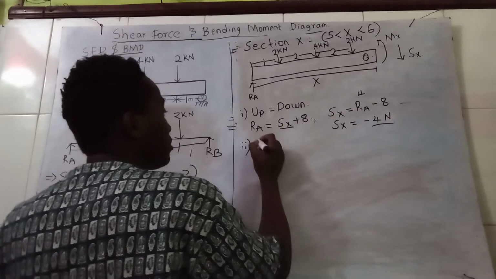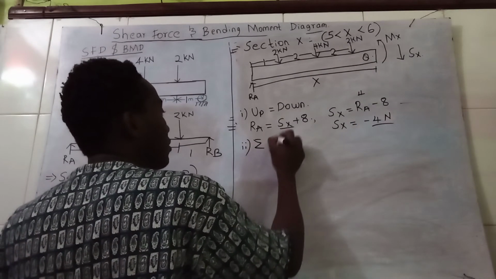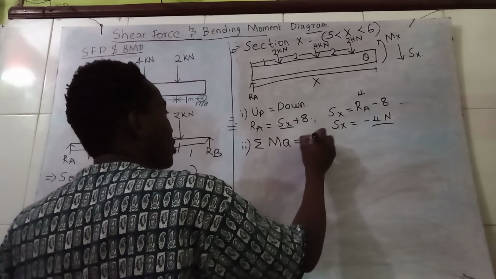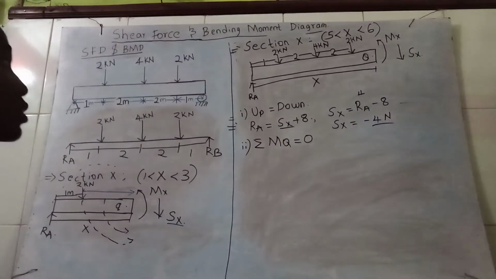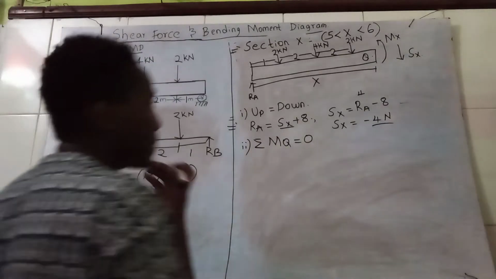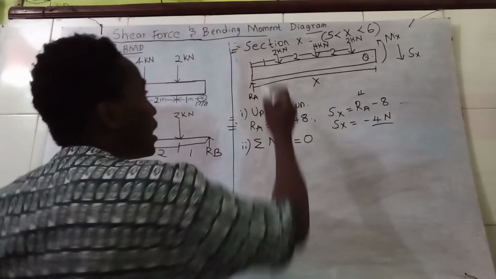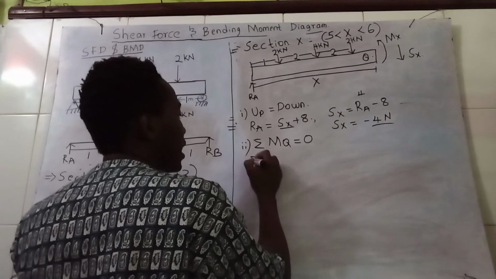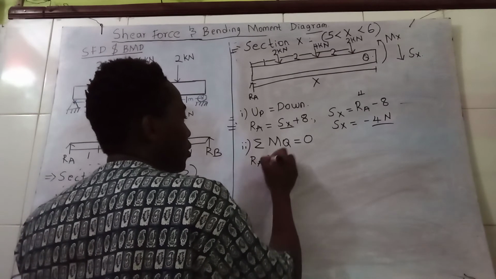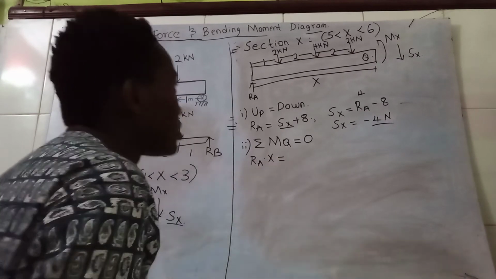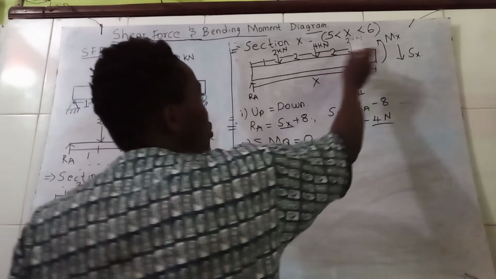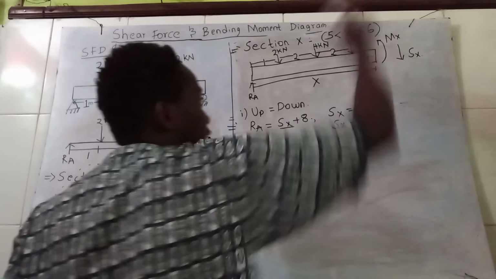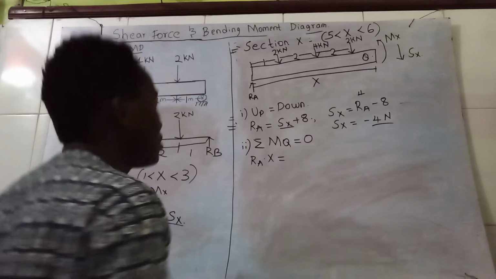Then at our point Q, the sum of moments at point Q equals 0. So RA is heading in the clockwise moment. RA times the whole distance x is equal to 2, 4, 2 and Mx, which are heading in the anticlockwise direction.